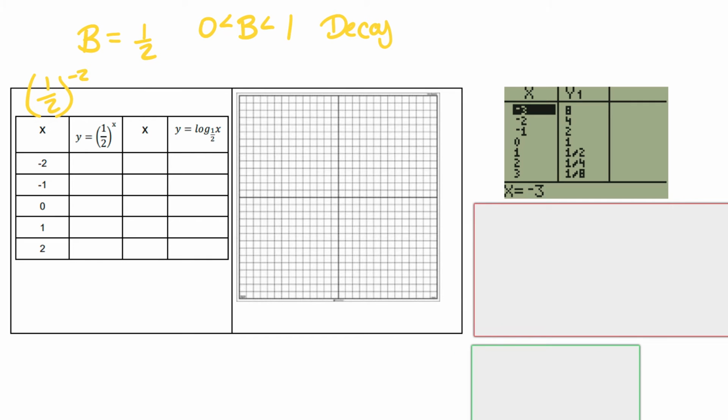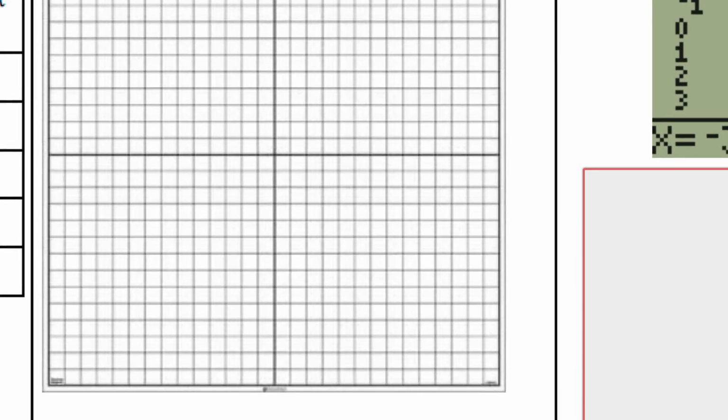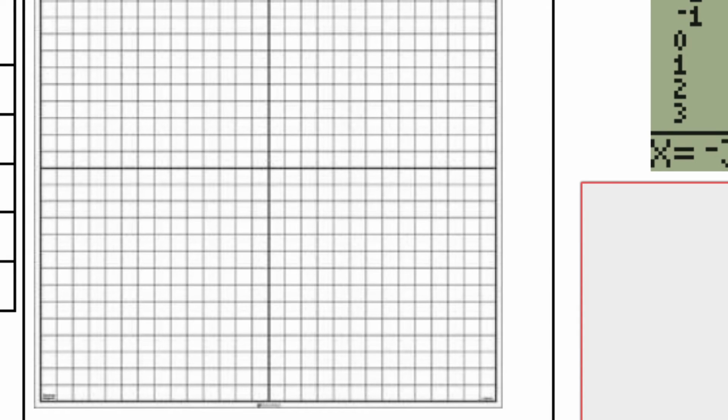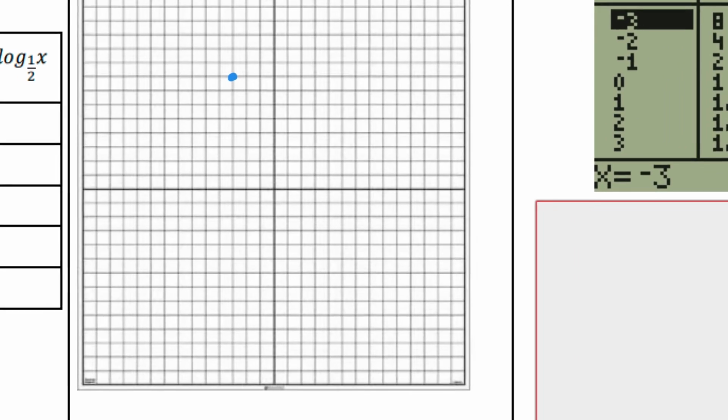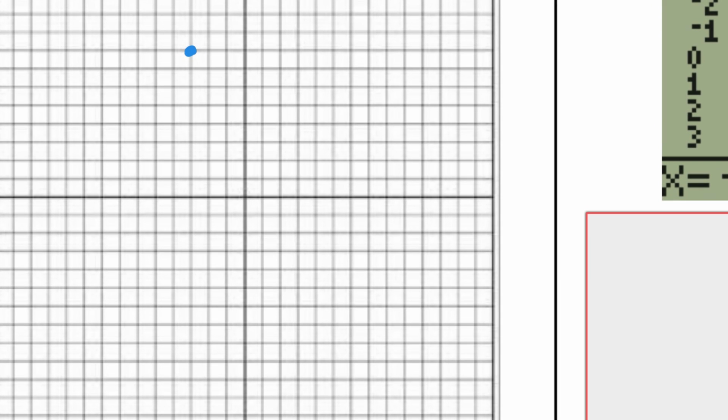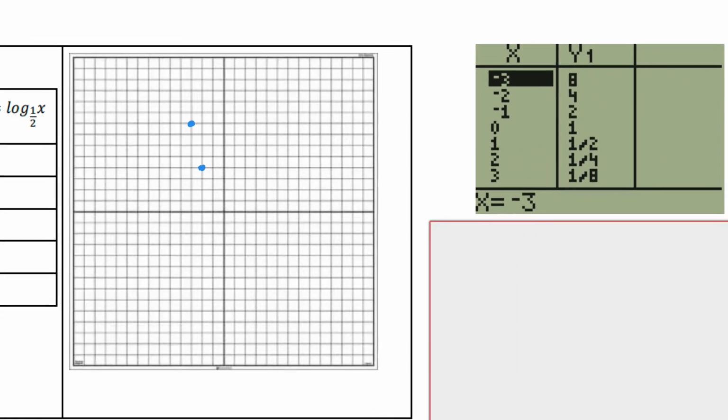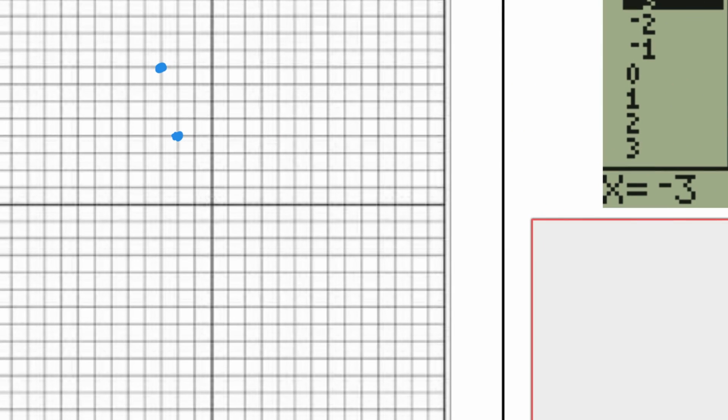We have a value at -3, 8. We also have a value at -2, 4. We have a value at -1, 2. And of course, we have the value at 0, 1.